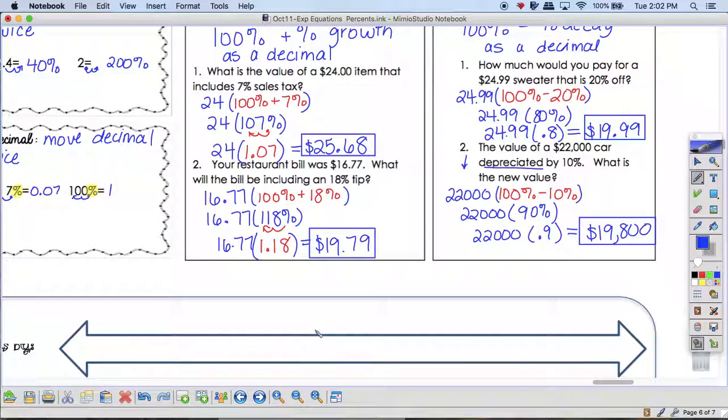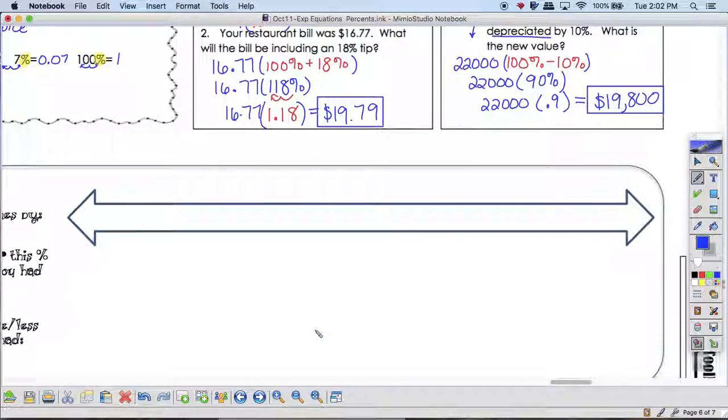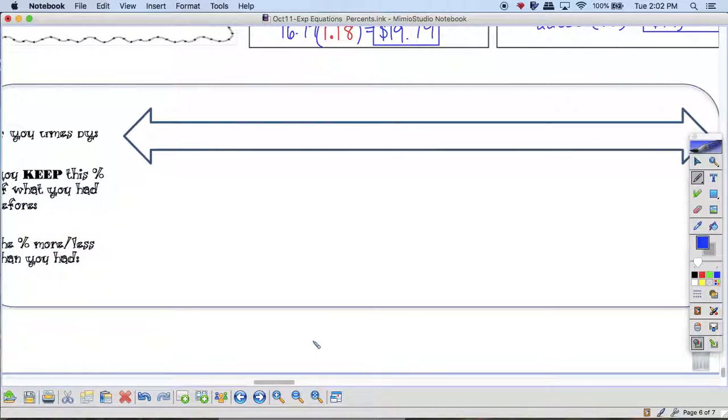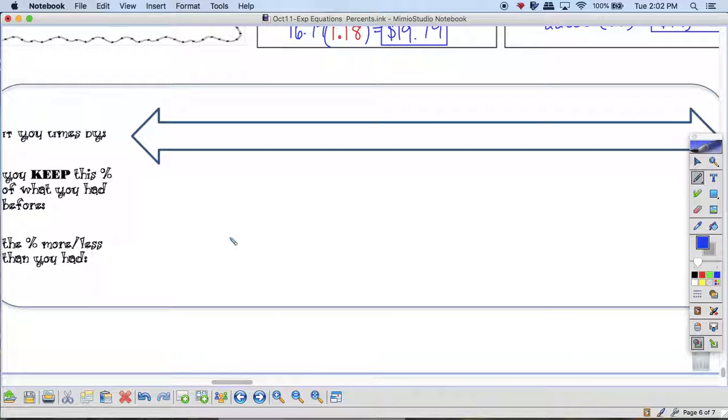Okay, for people who are visual, I've made this arrow for us to think about this. What we're going to do in the middle of this arrow is put a 1. I want you to put a 1 in the middle of this arrow. If you multiply by 1, what happens when you multiply something by 1?